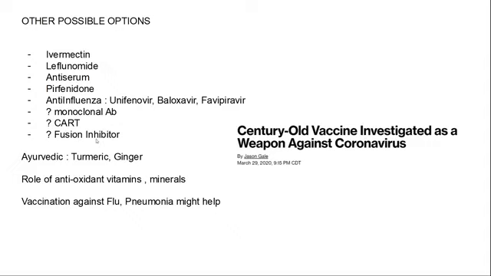And I think there are some promising medications from Ayurvedic, like turmeric and ginger. And also people talk about antioxidant vitamins like vitamin A, B complex, vitamin C and E, and vitamin K, and also minerals like selenium and copper. You can use them, and some people have hypotheses on that, so maybe you can try.